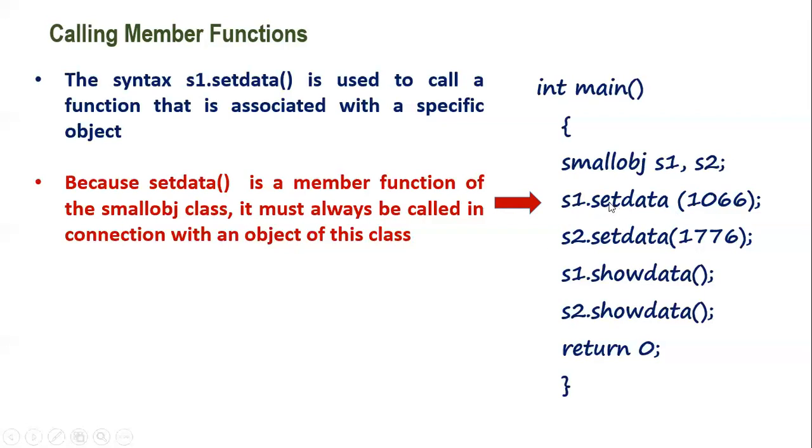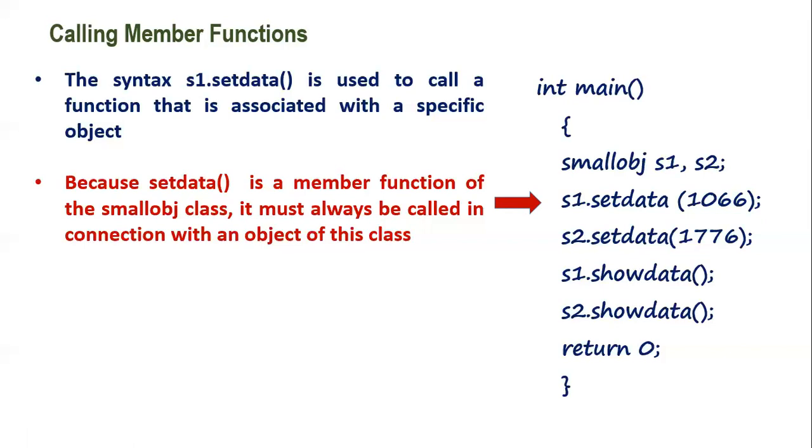We know that set data is a function defined in the class small obj, and S1 and S2 are two objects defined in the class small obj. So when you call a member function of the class, you can only call the member function associated with an object of the class.